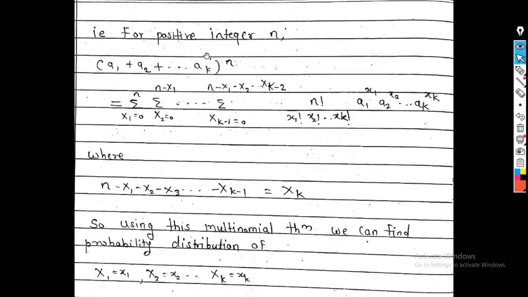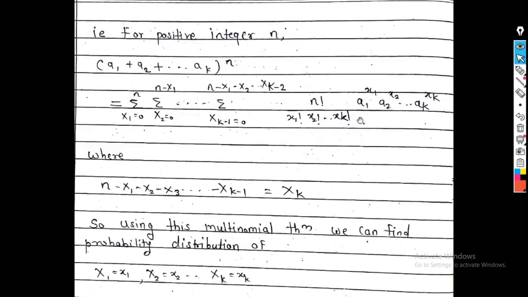The multinomial theorem for k values, that is a1, a2, ..., ak, is defined as (a1 plus a2 plus ... plus ak) raised to n is equal to summation x1 equal to 0 to n, summation x2 equal to 0 to n minus x1, and this goes up to summation x(k minus 1) equal to 0 to n minus x1 minus x2 ... minus x(k minus 2), of n factorial divided by x1 factorial into x2 factorial ... xk factorial.